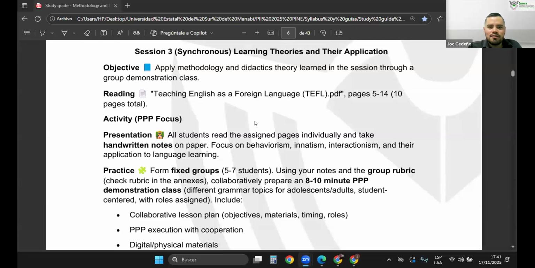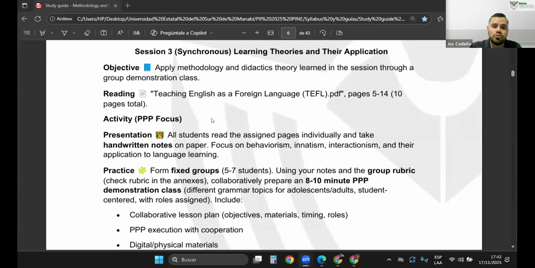Okay, so we're going to start with our class. Thank you for being here. Session number 3 is about learning theories and their application. In this class, we're going to apply methodology and didactics theory learned in the session through a group demonstration class.